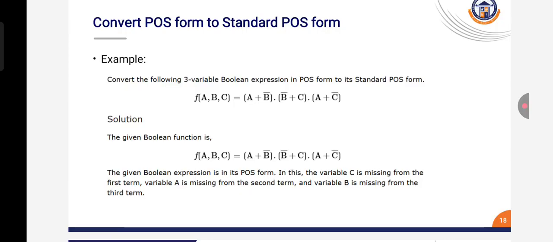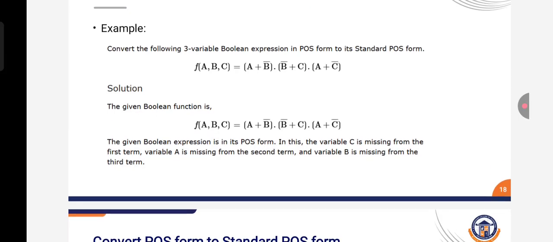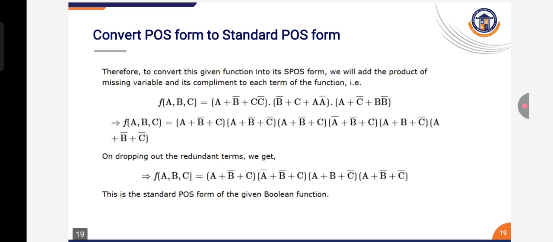The given Boolean function is f of a, b, c is equal to (a + b')(b' + c)(a + c'). In the first sum term the literal c is missing, in the second sum term a is missing, and in the third sum term b is missing. Therefore this Boolean function must be converted into standard POS form.